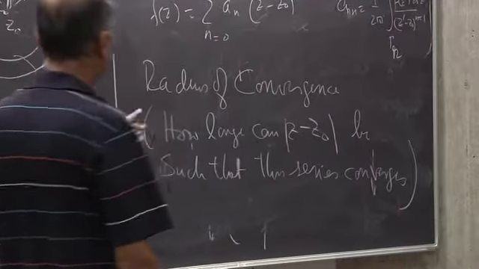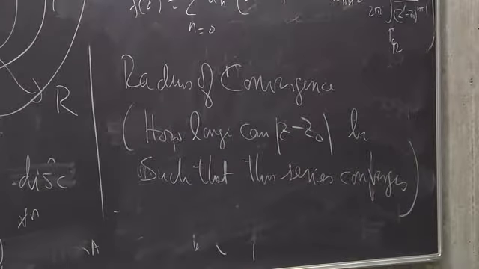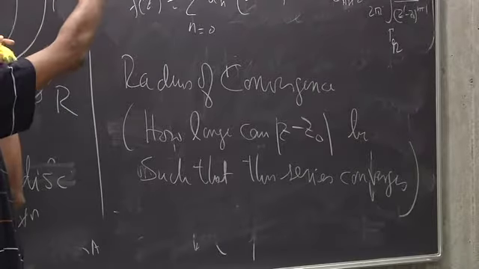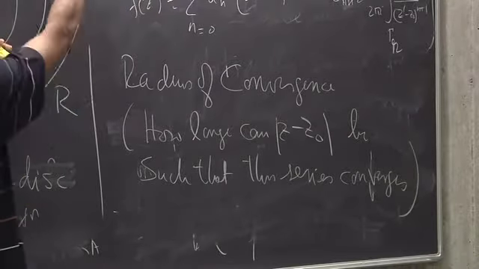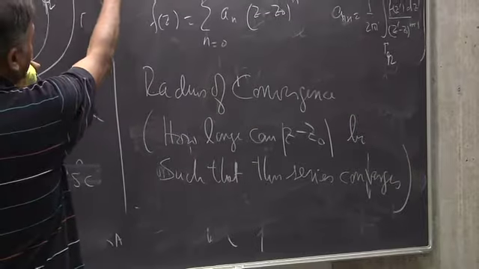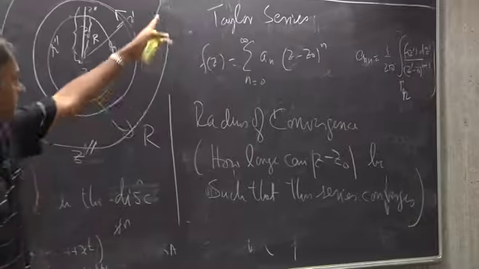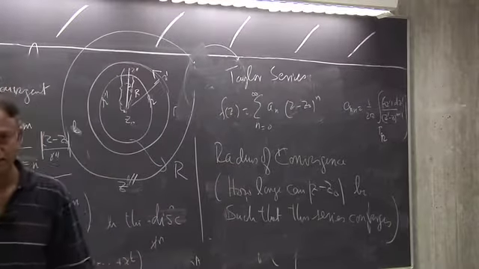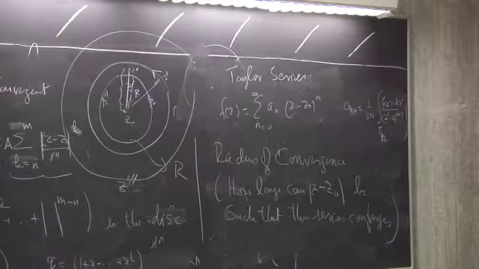The answer is: from z0 you look around and see what is the nearest singularity, and you can choose z minus z0 to be just a little less than that nearest distance, and the series will be convergent inside this disk.